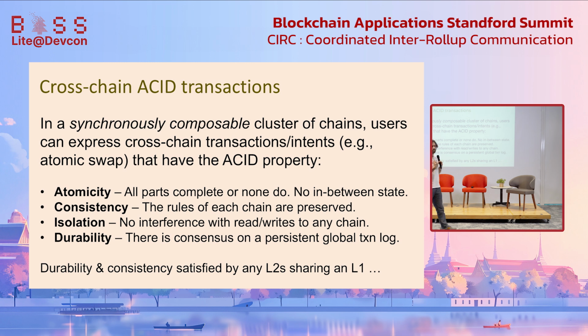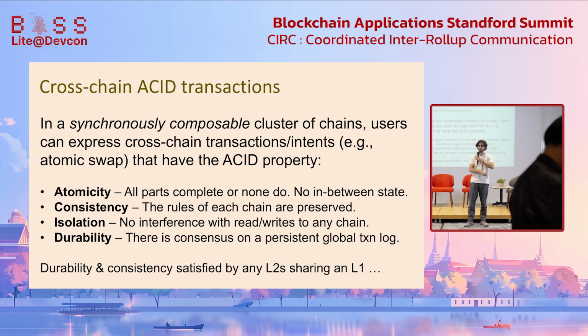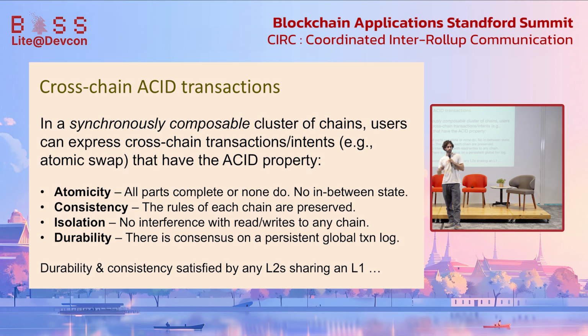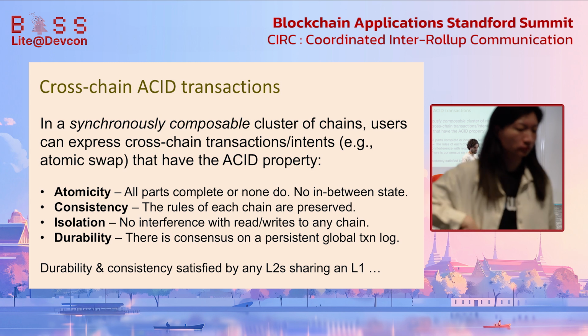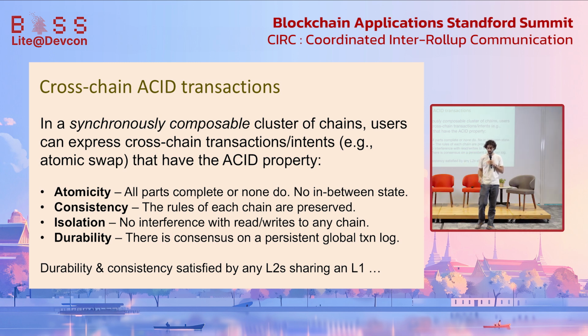So if a user can express cross-chain transactions, such as their intent to atomically swap two assets on different chains, or something else, and can do that in a way that retains atomicity, which means that all parts of the transaction complete or none do, with no in-between states or side effects; consistency of the rules of multiple chains to preserve; isolation, meaning that multiple cross-chain transactions or individual transactions on the different chains don't interfere with each other; and durability, the fact that there's consensus on a persistent global transaction log, and that holds across all the different chains that are interacting, then you have synchronous composability.